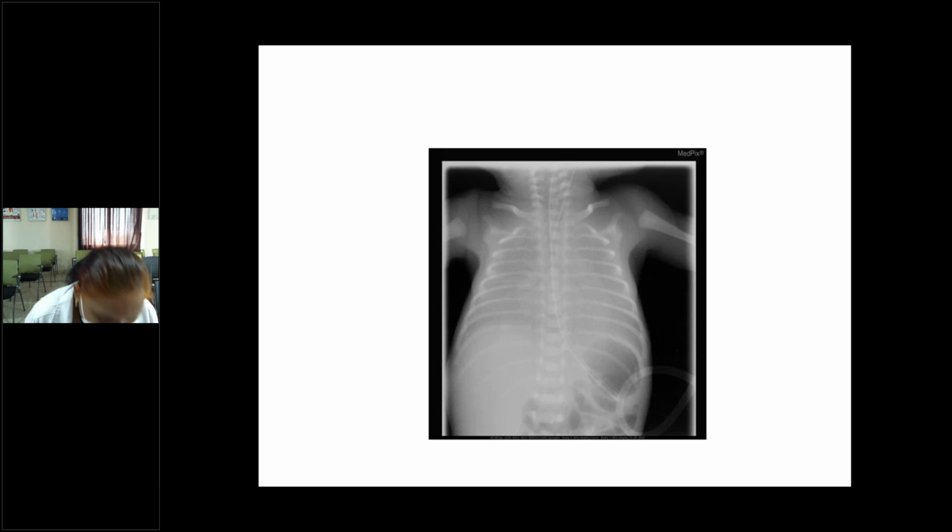Surfactant replacement. What is the route of administration, how will you give? Is it IV, IM, subcutaneous, or some other route? In case of hyaline membrane disease, endotracheally. We have to intubate the child, and through the ET tube we will give surfactant with the help of a feeding tube.